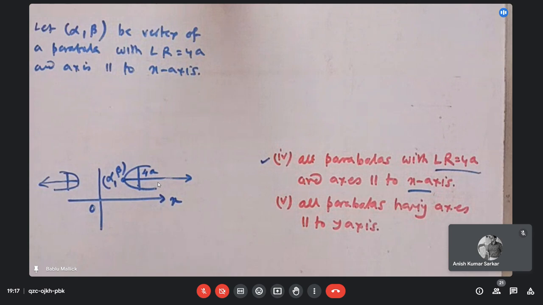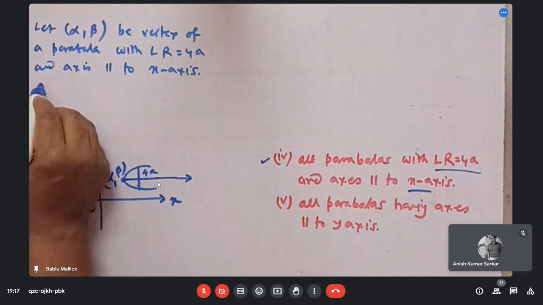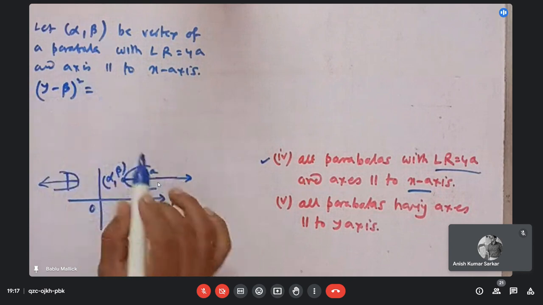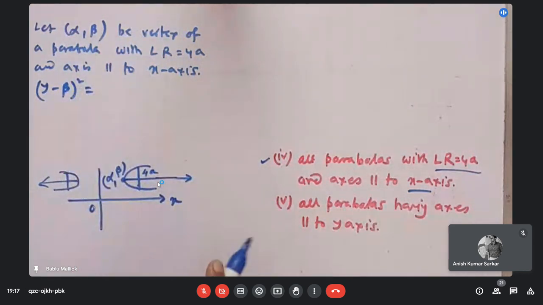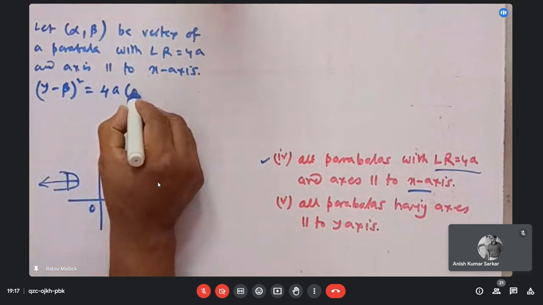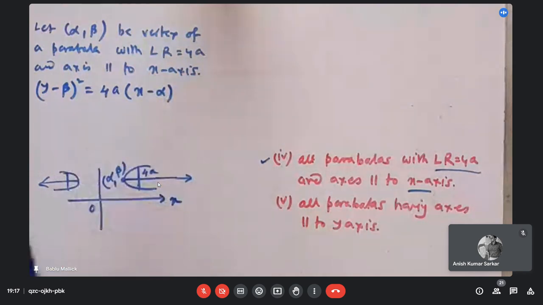Then the equation of the parabola is y minus beta whole square is equal to 4a into x minus alpha.